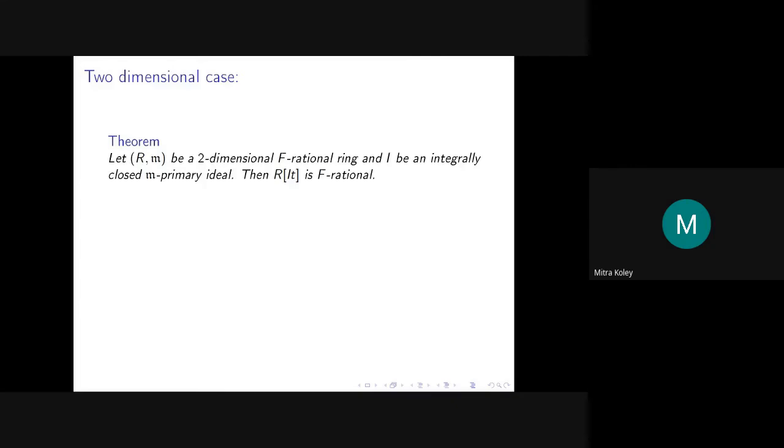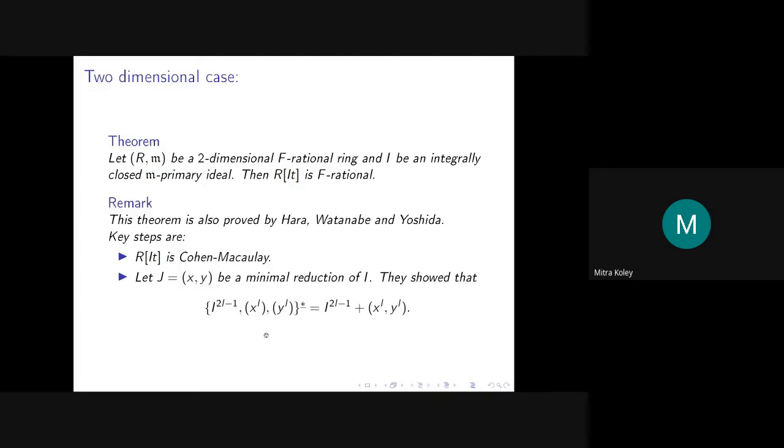This theorem is due to Lipman, and it is also proved by Hara, Watanabe, and Yoshida. The key steps are they first prove that the Rees algebra is always Cohen-Macaulay and normal, and then, if xy is a minimal reduction of I, they showed this tight integral closure condition.